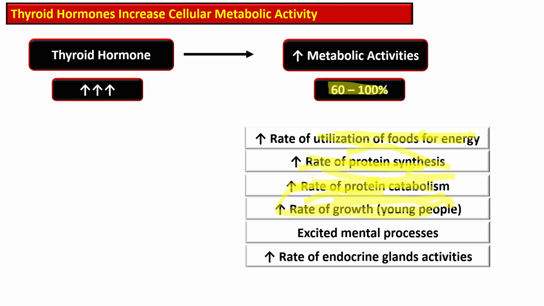CNS activity increases and it stimulates mental processes such as alertness, reflexes, and cognition. And endocrine gland functions are also increased in most other endocrine glands.